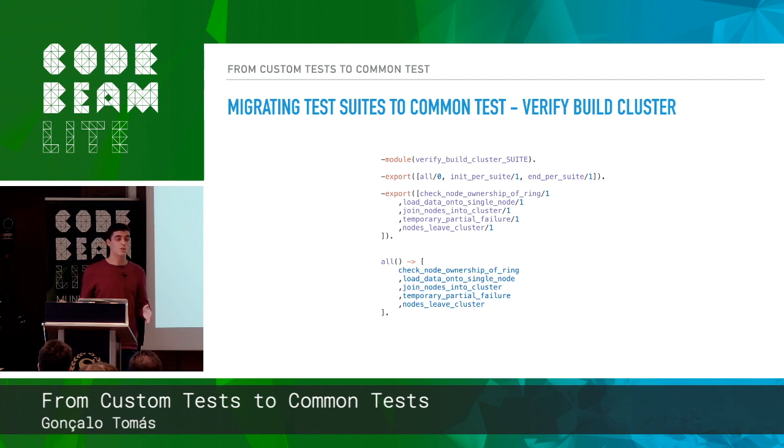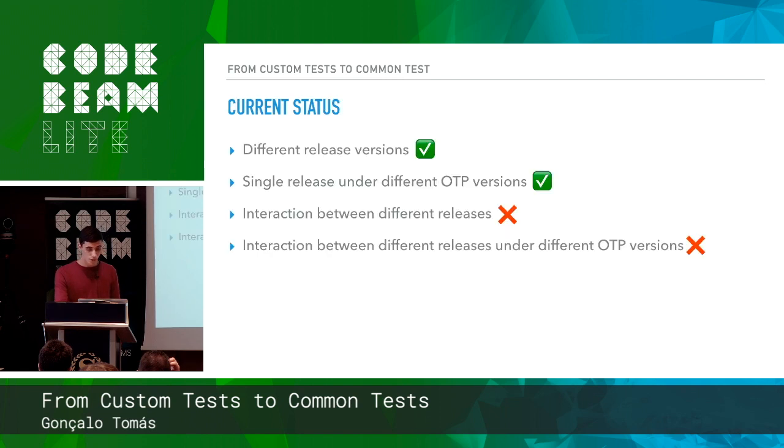So if a developer tries to make a contribution and suddenly tests start blowing up, the developers will be able to tell that it's failing, for example, when the node leaves the cluster and not on line 55 of the test suite. So this drastically improves the reportability of the previous solution.